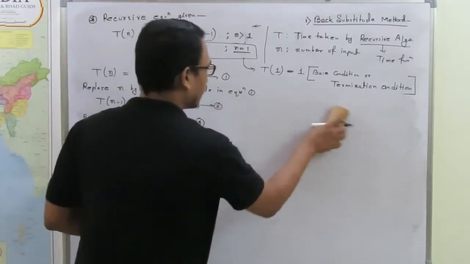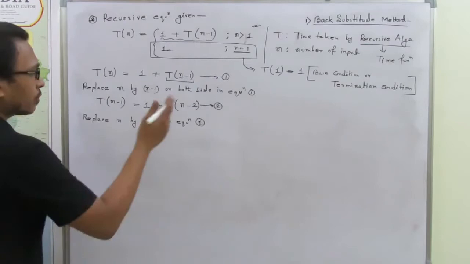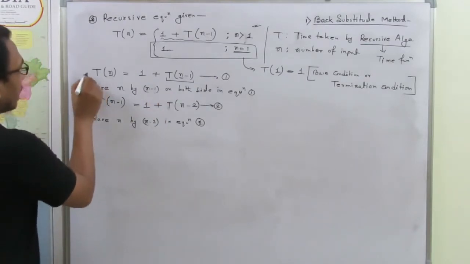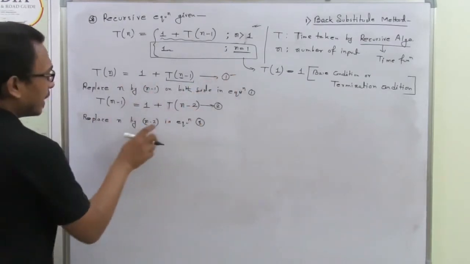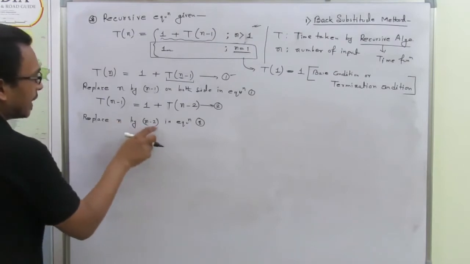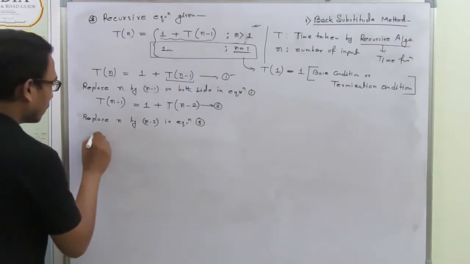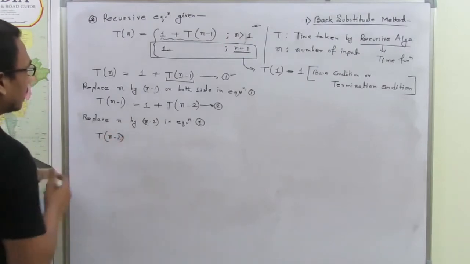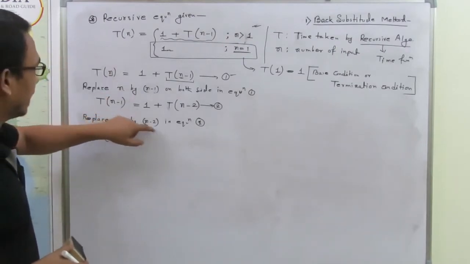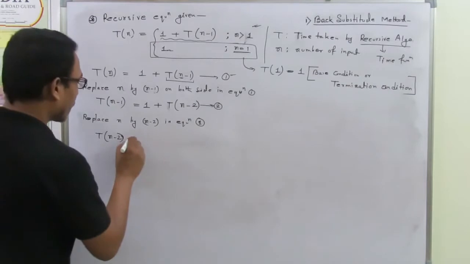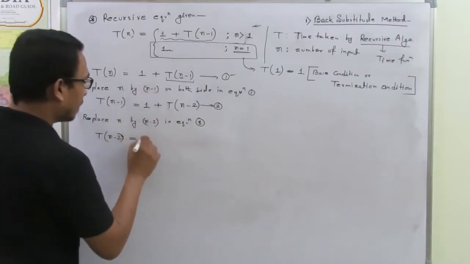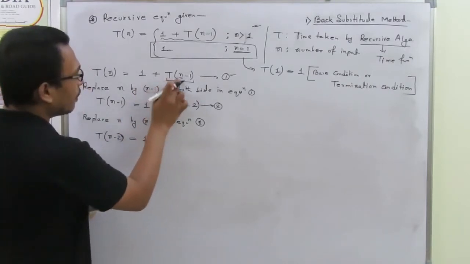So let's see what we will get. Hope you understood that part. Here in equation 1, again we are replacing n by n minus 2. So we will get t of n minus 2, because this n is replaced by n minus 2 now, equal to 1 plus t of n minus 1.